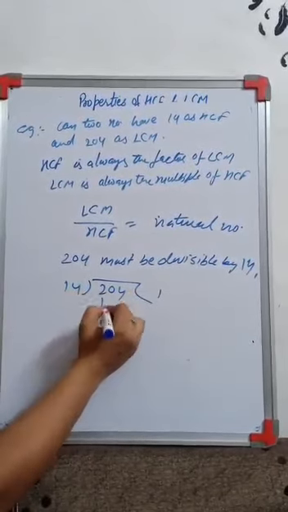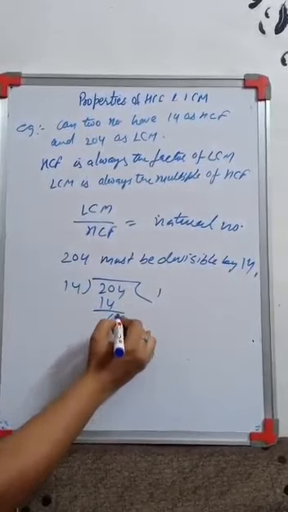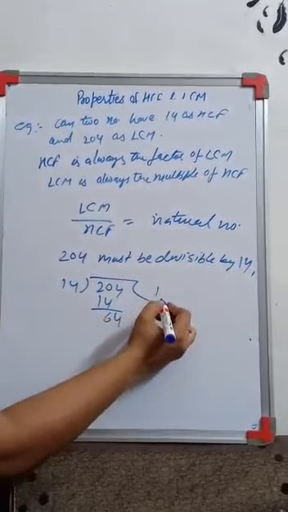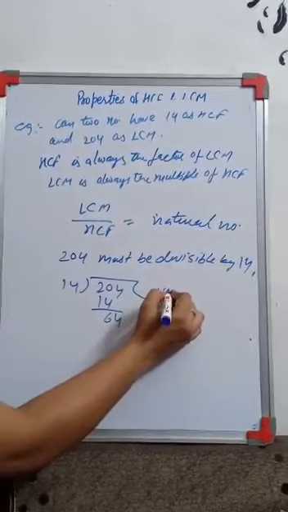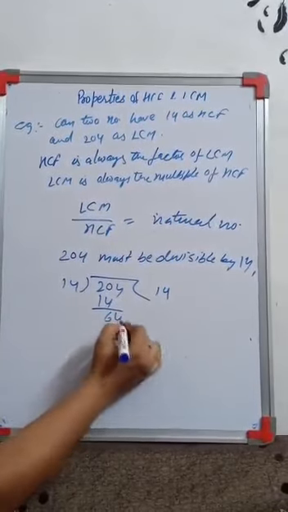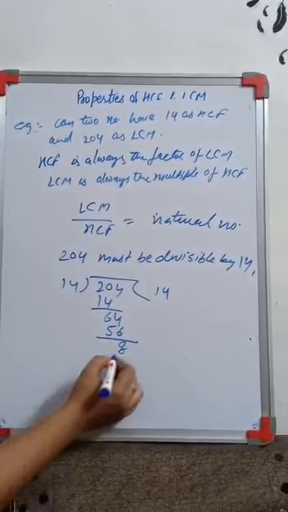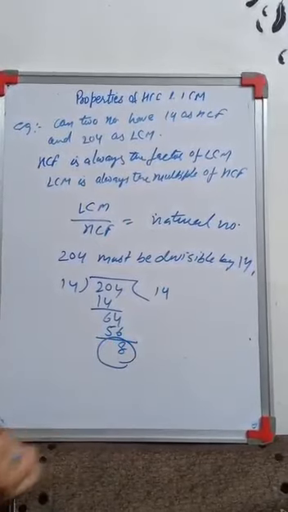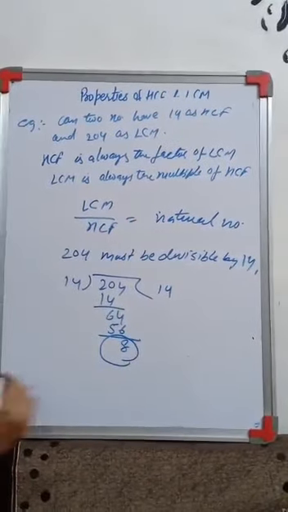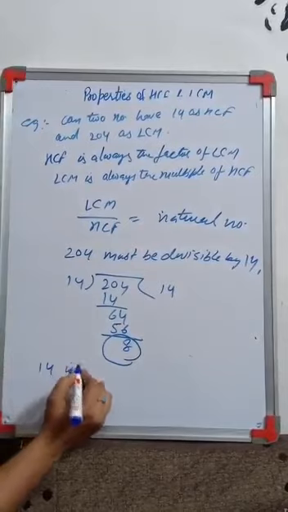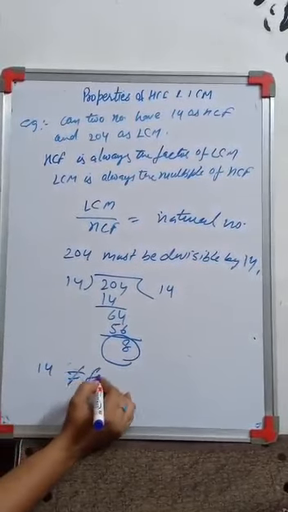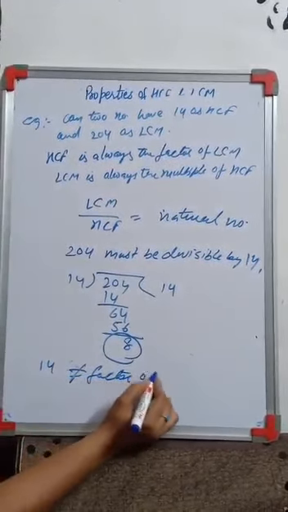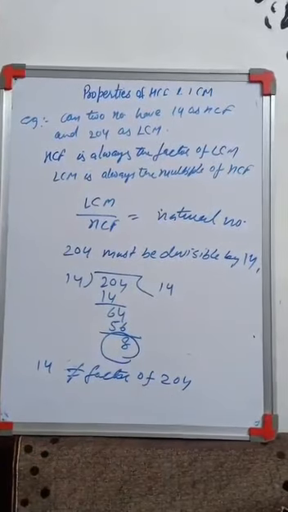14 1 time is 14, so it is 64, then the quotient is 4 and we get a remainder. See what I am getting, I am getting a remainder over there. That means, as I said, 14 is not a factor of 204, right?